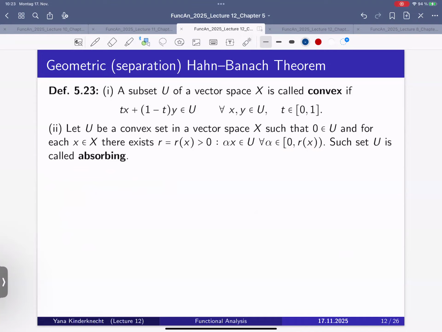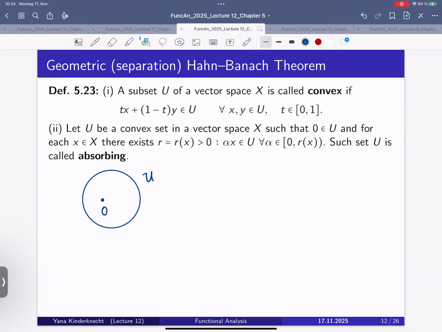So let me say, we have 0, and this is the set U. Actually, it does not need to be a circle, but nevertheless.